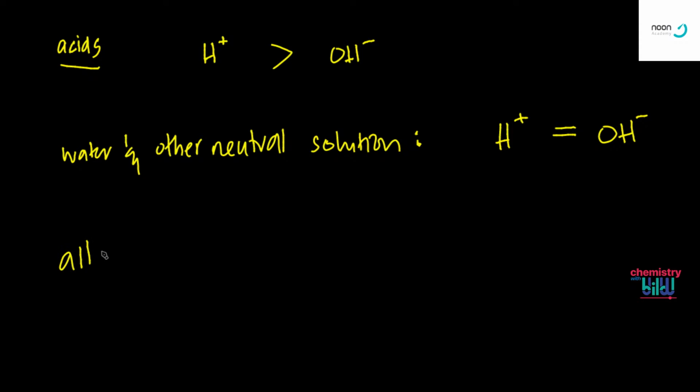And in alkalis, the H plus ions are less than OH minus ions. That's something I need you to know as an idea. All of them have H plus ions and OH minus ions. It will come in handy when you do this in A levels also, because people don't tend to learn or understand this. And water has both, but they are equal. That's what we have for water.